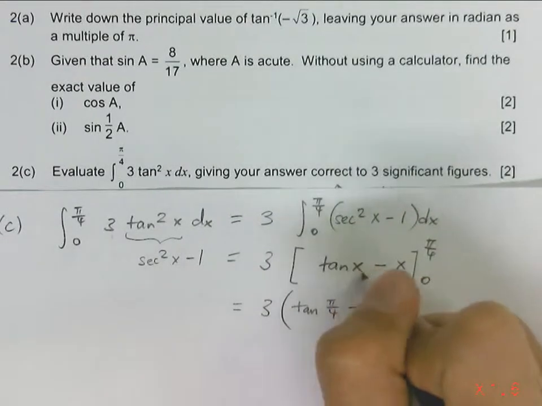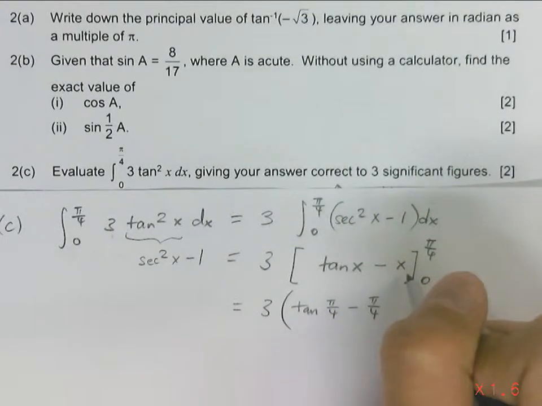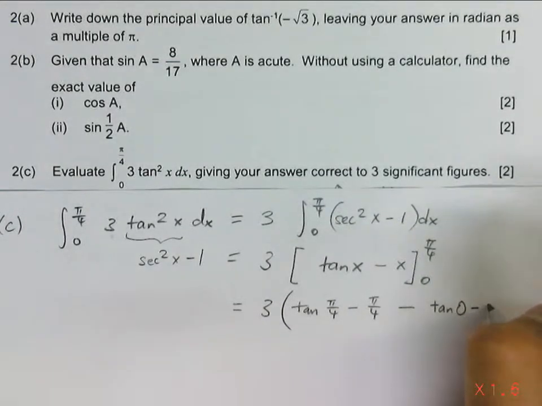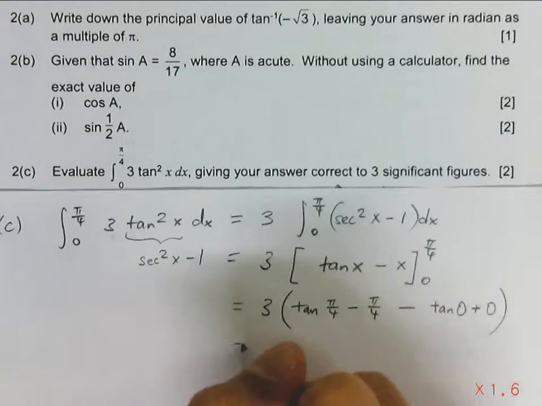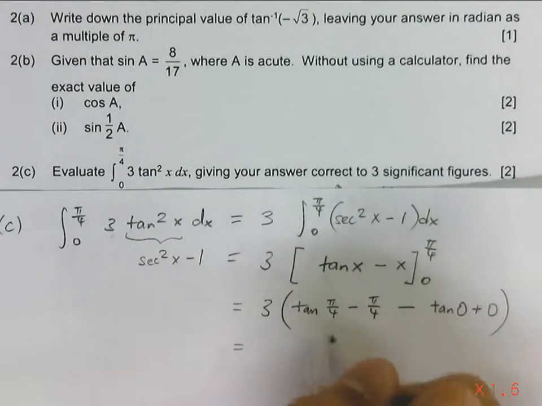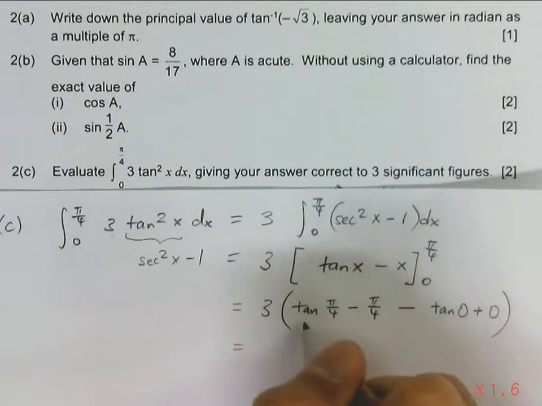Since tangent 0 and x equals 0 is still 0, we can just ignore this. Pi over 4 is a special angle as well, so tangent pi over 4 will just leave it as 1.